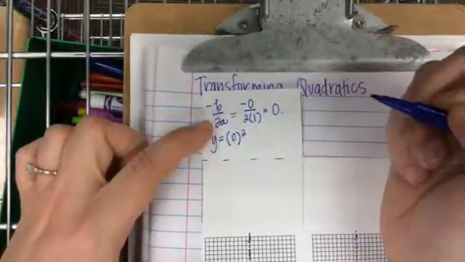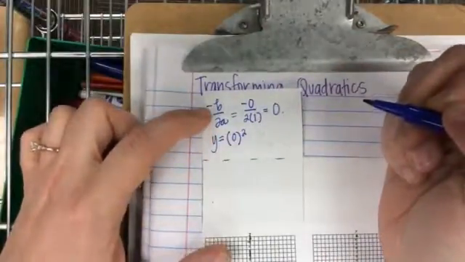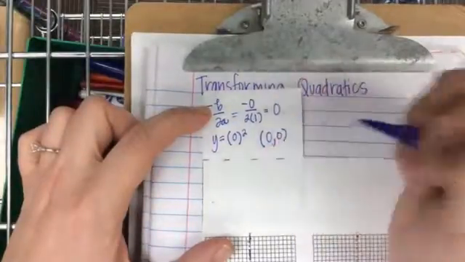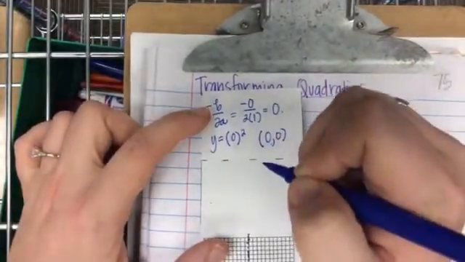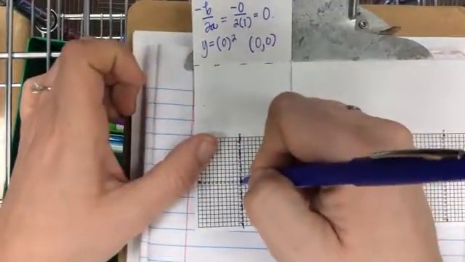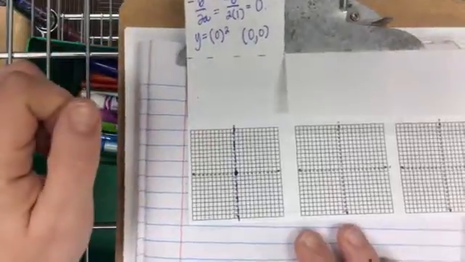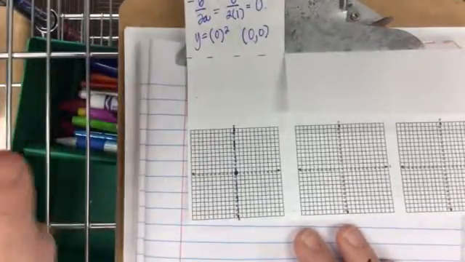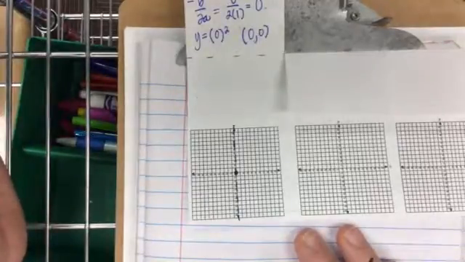So what's the ordered pair? What does y equal? 0. So my vertex is at 0, 0, which is also known as the origin. Perfect. So even more perfect, like it's exactly in the middle.